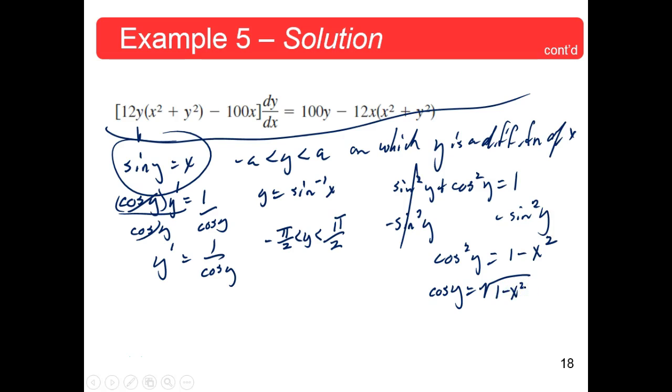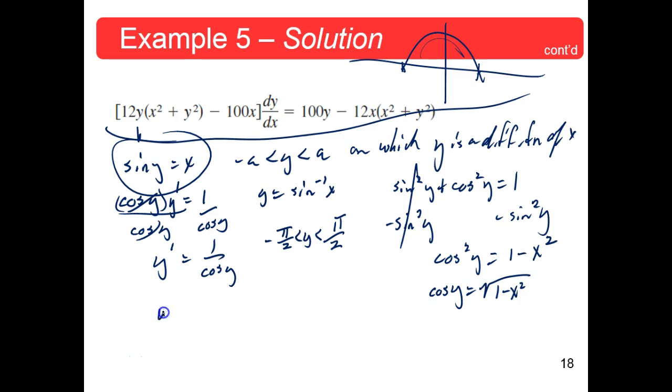Now, I should be hearing screams of, wait a minute, isn't that plus or minus? And yeah, it is, except that it goes back to the trig function. Cosine is like this, right? So from minus pi halves to pi halves, this is always positive. So we don't have to do plus or minus, we just do the plus, okay?